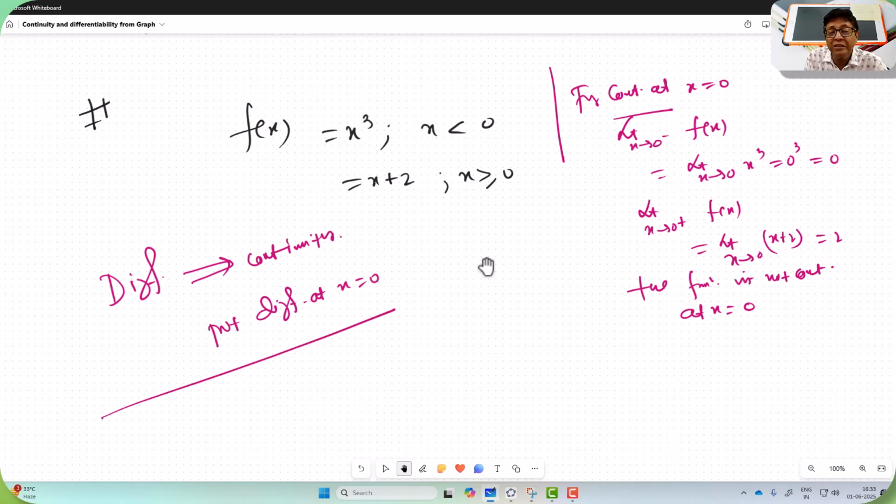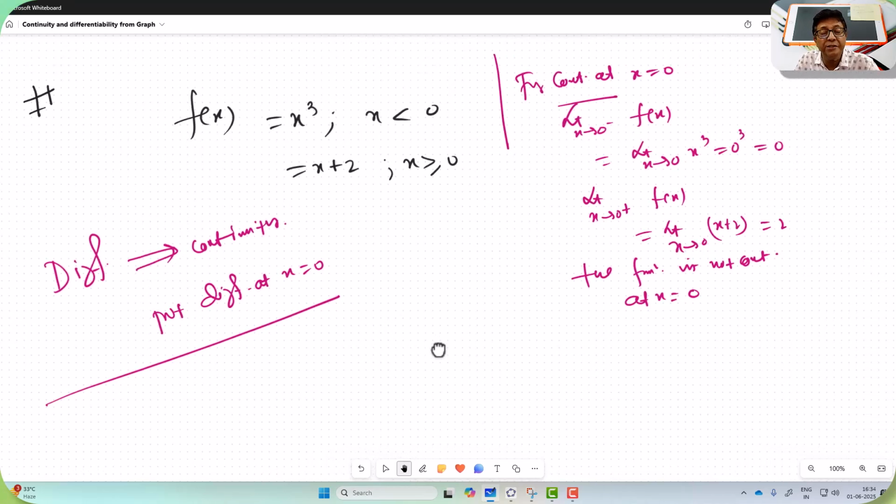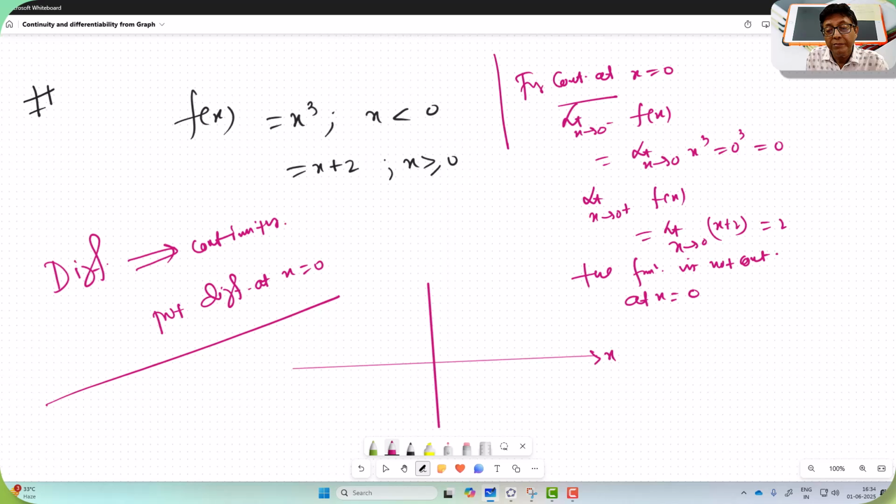But this kind of discussion we are not going to do today. Only just for comparison purpose I will be doing. I will show you this graph of the function, which helps a lot to understand the continuity and differentiability of the function. So let me draw the graph of the function here. X, y. This is a cubic polynomial graph. The graph of the function is like this, but up to 0 only.